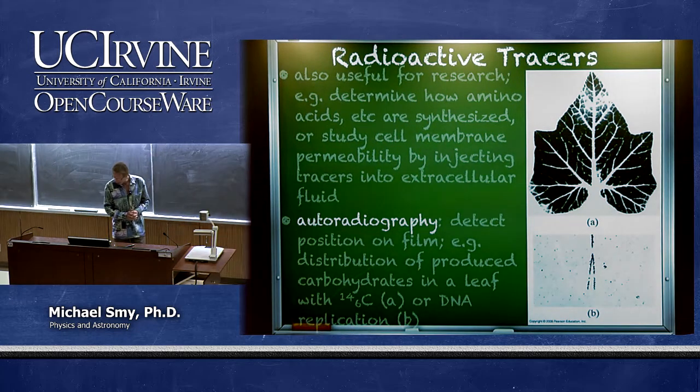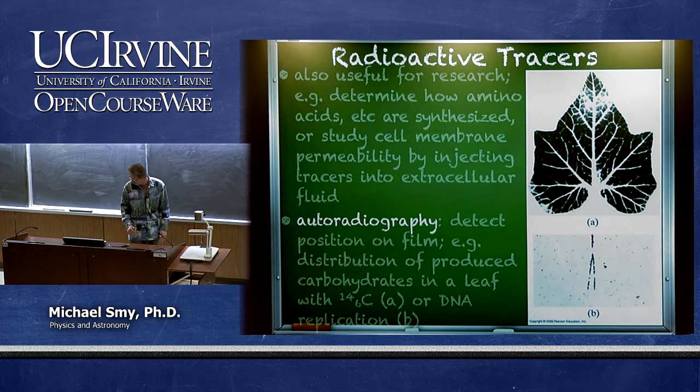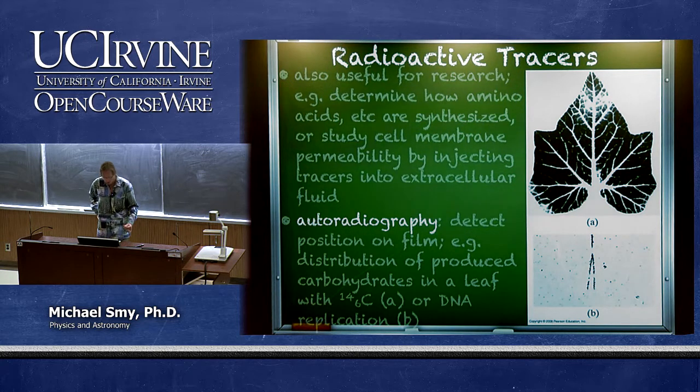So one can make things like this autoradiogram of a leaf using carbon-14, for example. Or on the bottom you can see replicating DNA. In other words, such tracers can also be useful for research. One can determine how amino acids are synthesized or study cell membrane permeabilities or other such things.